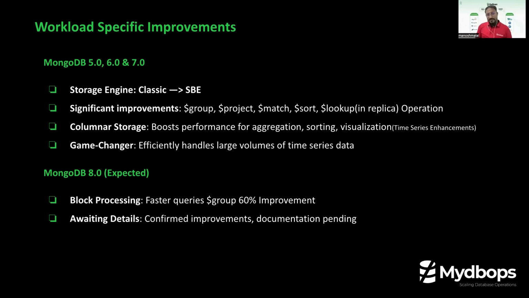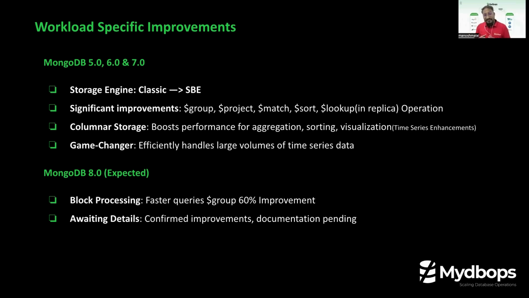In 6.0 and 7.0, Mongo introduced columnar storage for the time series database. We know any analytical data load will require columnar storage. Interestingly, Mongo has a background of the WiredTiger storage engine, and WiredTiger has the capability to enable both row as well as columnar storage.